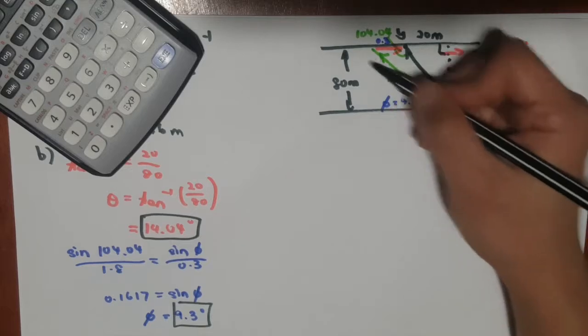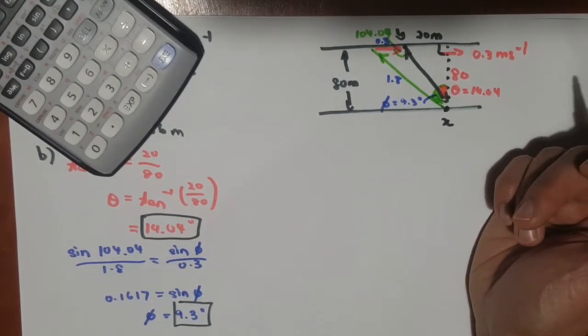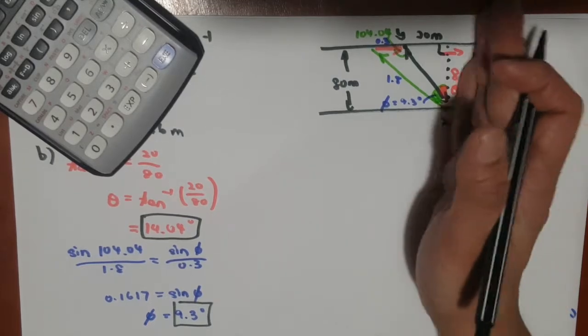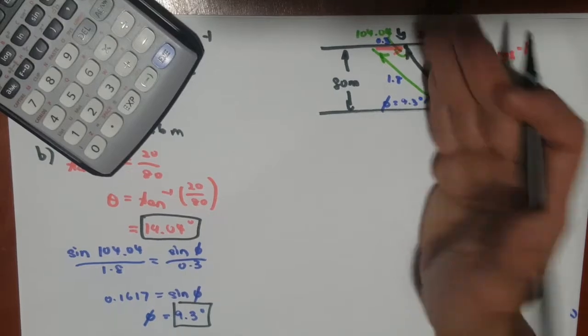So it means that Stephanie should aim at 23.34 degrees to the left of the straight across the river.